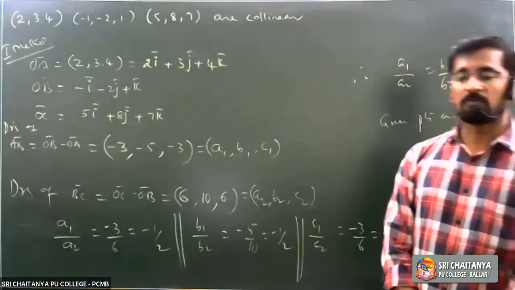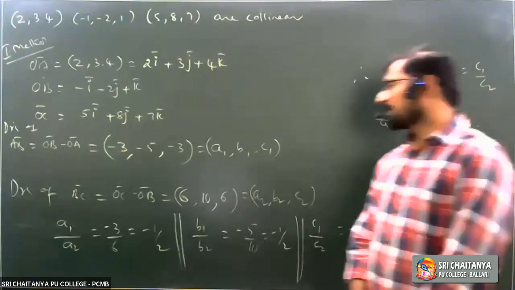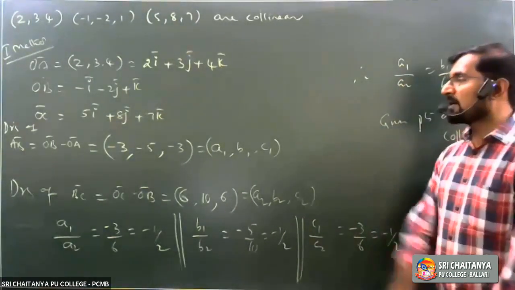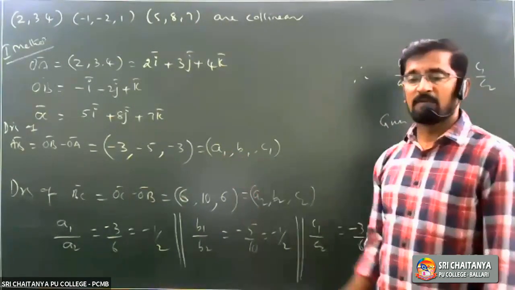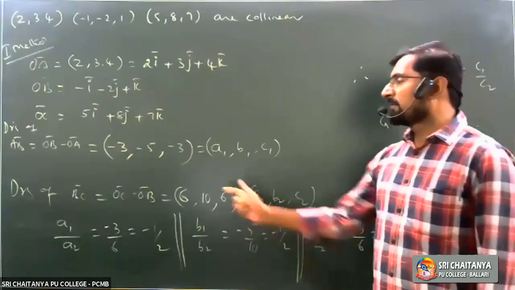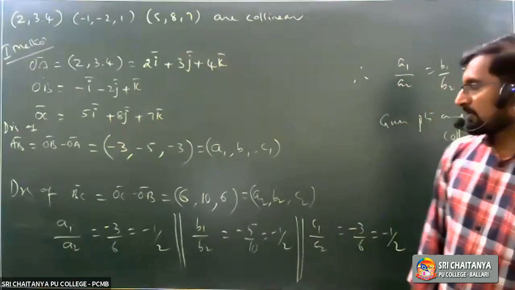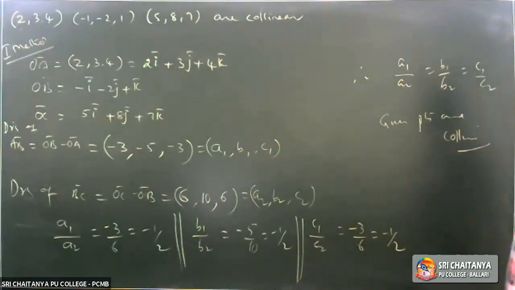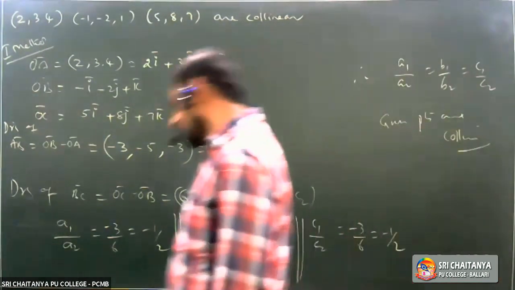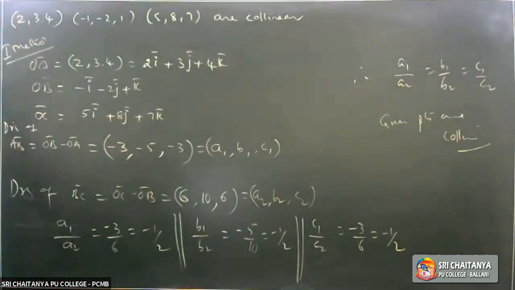Consider AB bar DRs as A1, B1, C1 and BC bar DRs as A2, B2, C2. A1 by A2 is equal to B1 by B2 is equal to C1 by C2, which gives minus 1 by 2. If those three are equal, then the points are collinear. Copy this. Afterwards, I am going to discuss the second method.